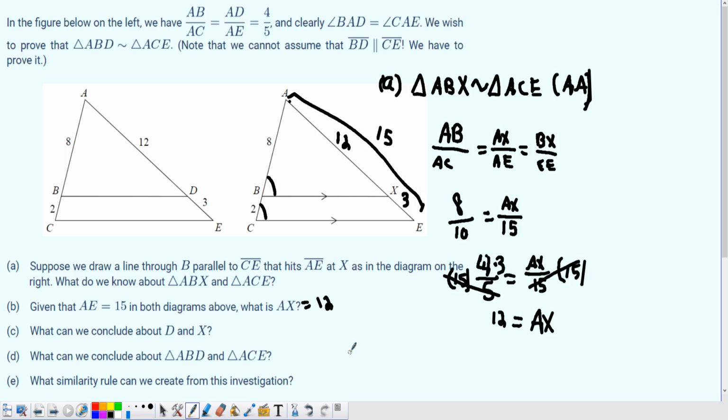What is significant about that? Well, if we notice the distances on our leftward diagram, the one where we did not assume that BD was parallel, we still end up getting the same results. That DE is equivalent to XE.